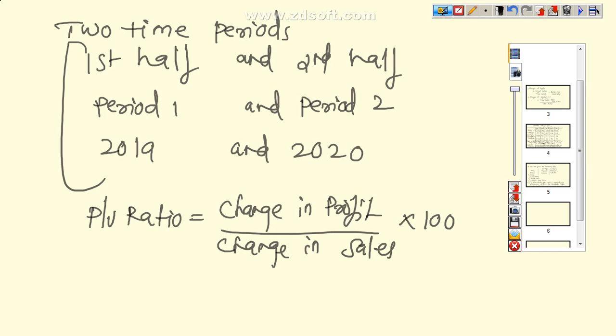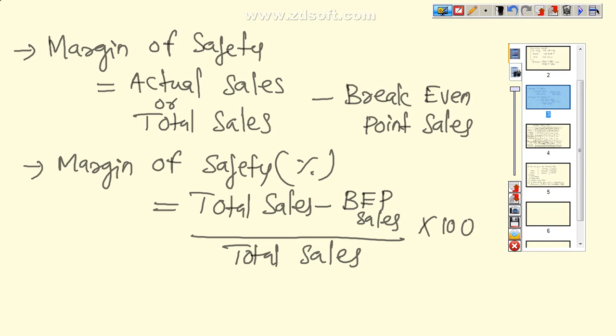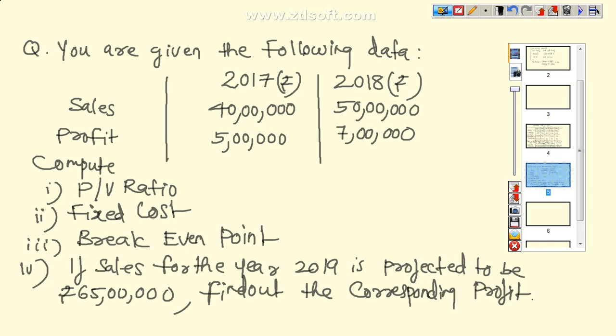According to this question, information for two years is given. So first we calculate PV ratio is equal to change in profit upon change in sale into 100. Here 2017 is 5 lakh and 2018 is 7 lakh, so the change in profit is equal to 2 lakh.